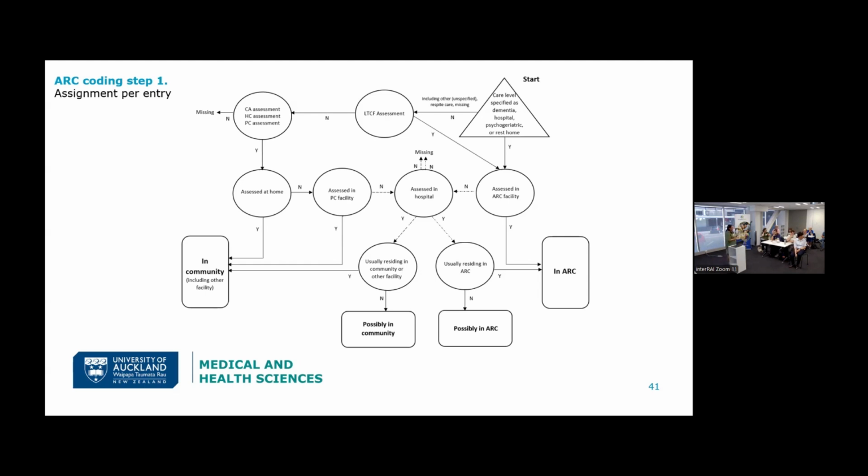Because if my understanding of the system is correct, and it may not be, the dispenser changes when people go into ARC, because suddenly they are reviewed by the facility, and through the facility the medications are given rather than through their GP, so you may find a change in there.